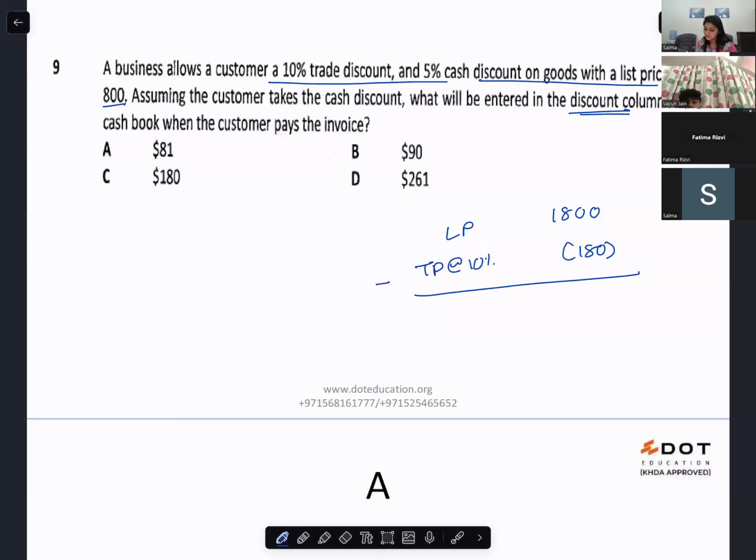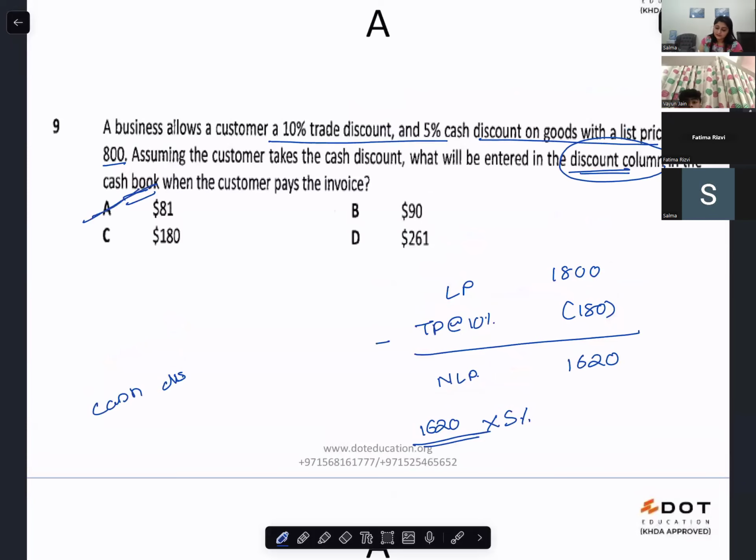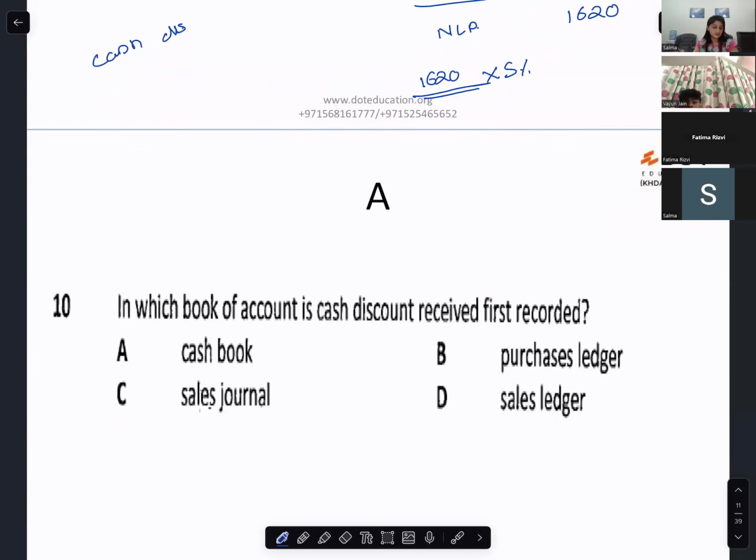Then you get 1,620. Because it's asking what will be entered in the discount column in the cash book, you'll only record the cash discount, which is 5%, that's 81. How do you calculate it? 1,620 times 5%, 81. So the answer is A.